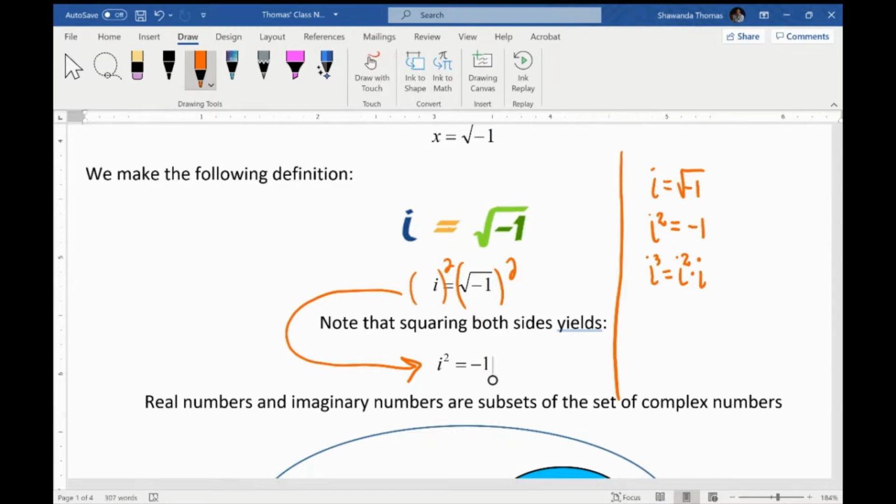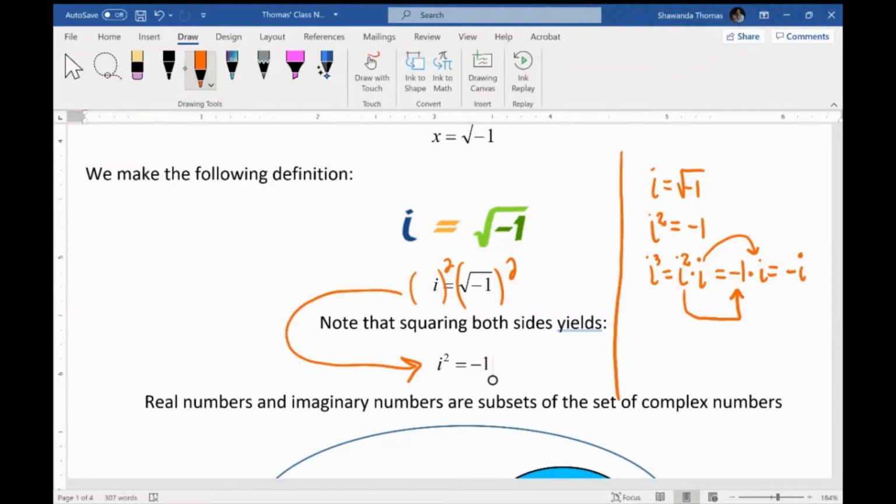We know i squared equals -1, so -1 times i. Then that must mean that i cubed equals -i.